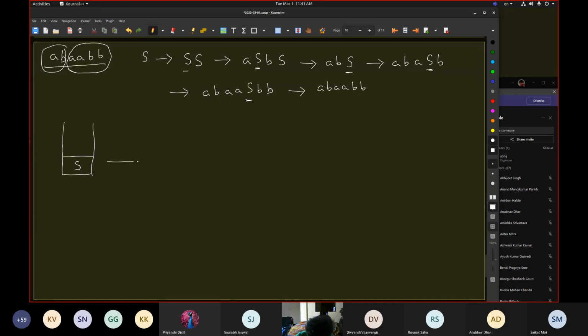Then this derivation applies the rule ASB to replace this S. S now becomes ASB.